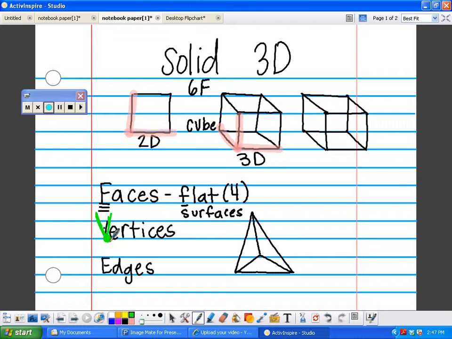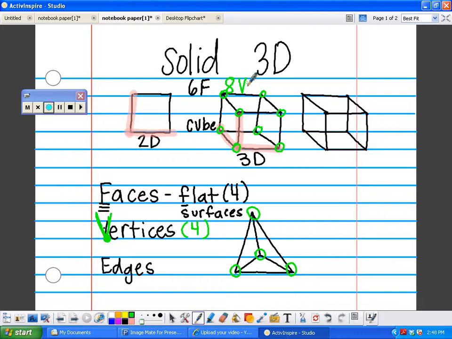Okay, so with your pencil, let's circle where the points are. 1, 2, 3, 4. How many vertices are there? 4. Let's go back up to our cube and see. 1, 2, 3, 4, 5, 6, 7, 8. How many vertices? 8. 8 V.